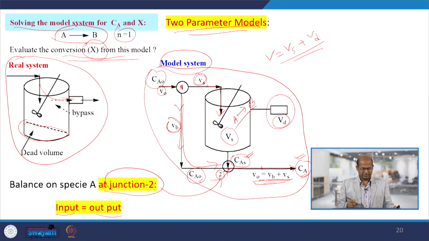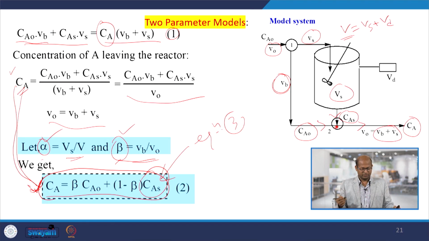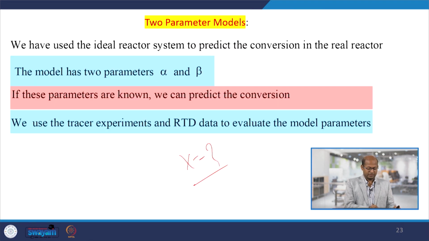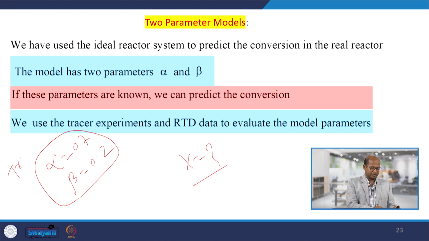So, this is how we have developed the two-parameter model. In this model there are two different parameters. In the next class we will discuss one numerical example. Once we know the alpha and beta values, let us say alpha is 0.7 and beta is 0.2 for a particular reaction by considering the tracer test.